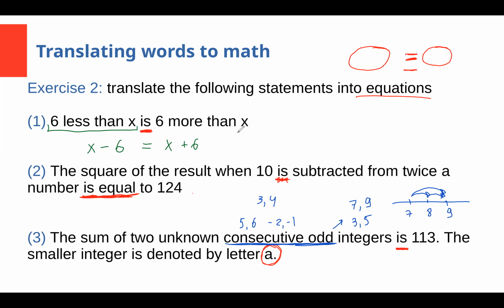So I know that some of you made a mistake with doing 6 minus x equals x plus 6, right? So if we redo it for the word problem, we'll be in trouble then. So be very careful. 6 less than x stands for this.